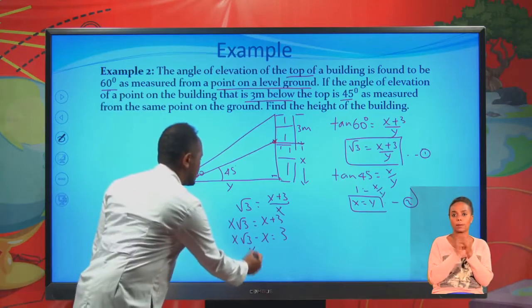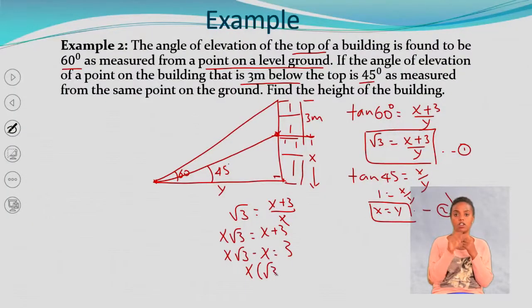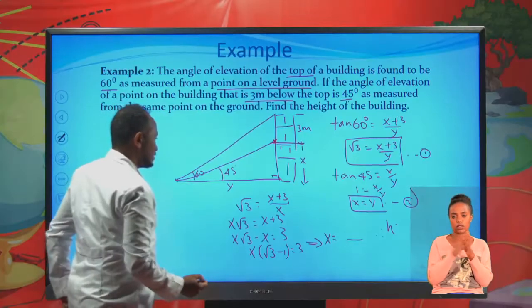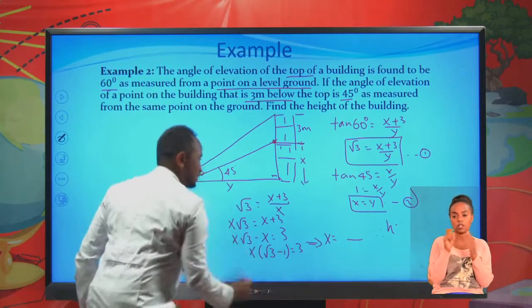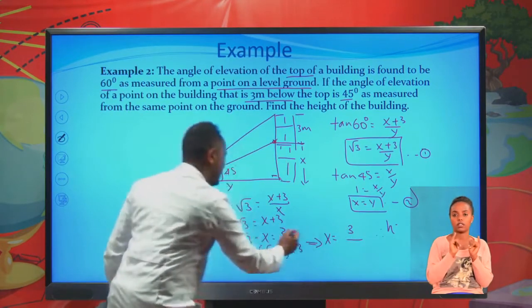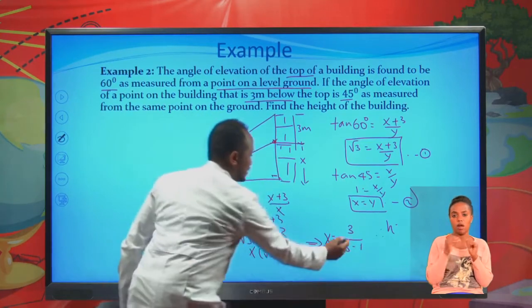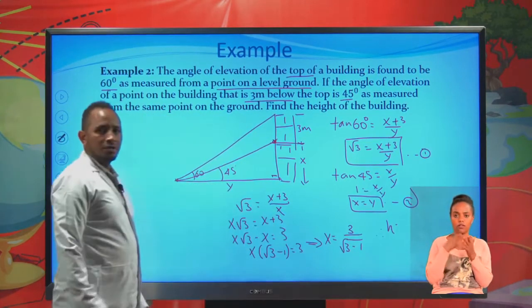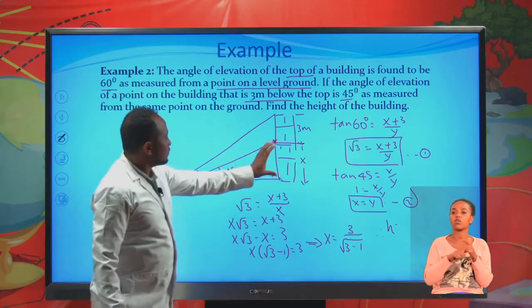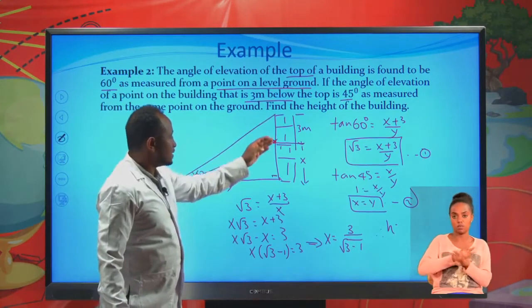Factoring x, you get x times root 3 minus 1 equals 3. So x equals 3 over root 3 minus 1. So this is the value of x. Therefore, the height of this building is 3 plus x.